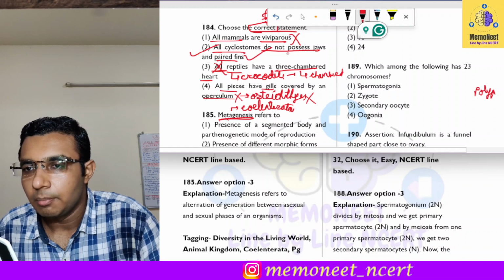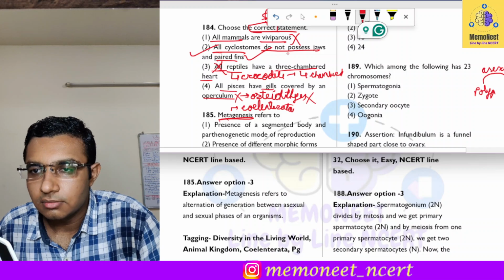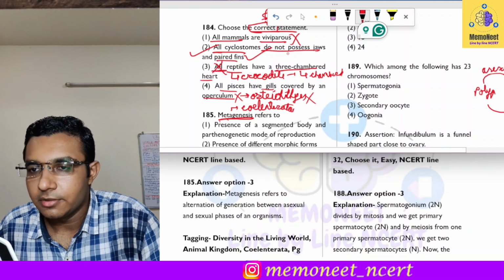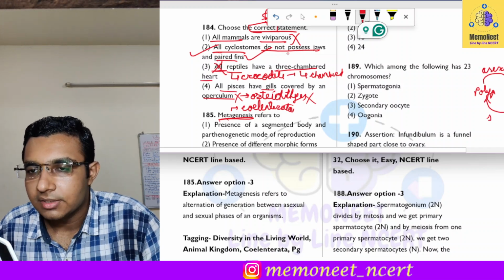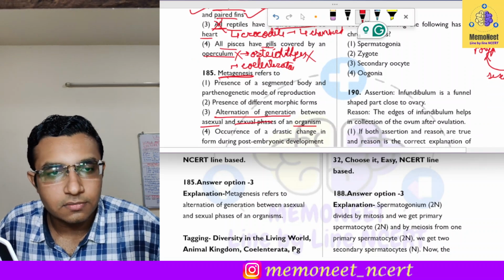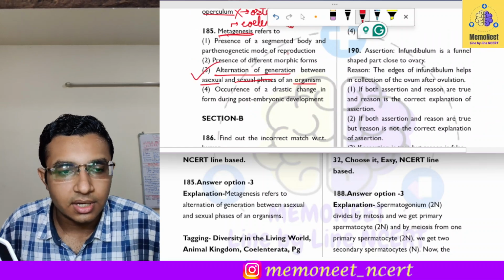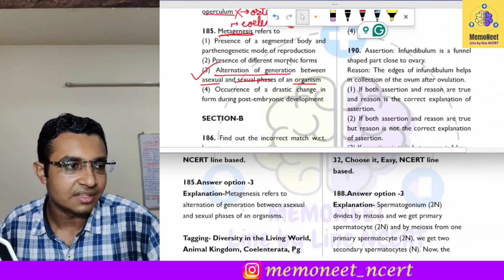The polyp is converted to medusa by asexual forms and the medusa is converted to polyp by sexual methods. So this is how the alternation of generation occurs in the coelenterates, and that is called metagenesis. So the correct answer of this question is option 3.